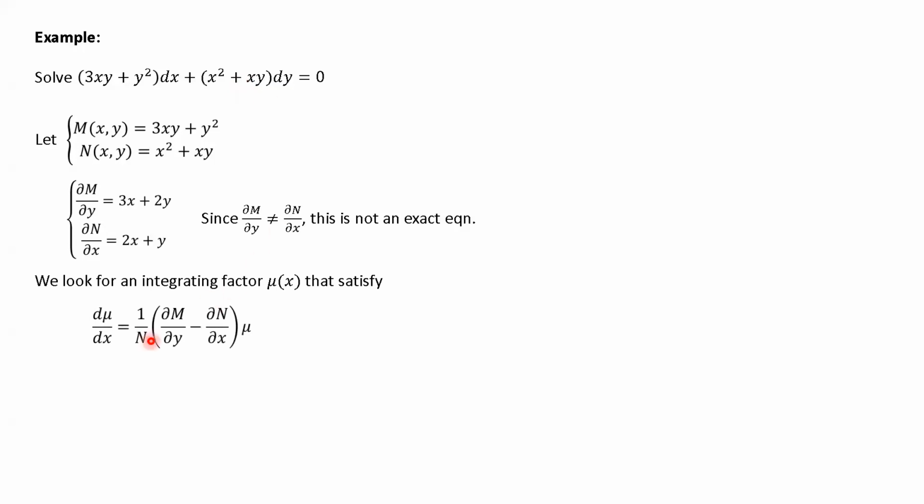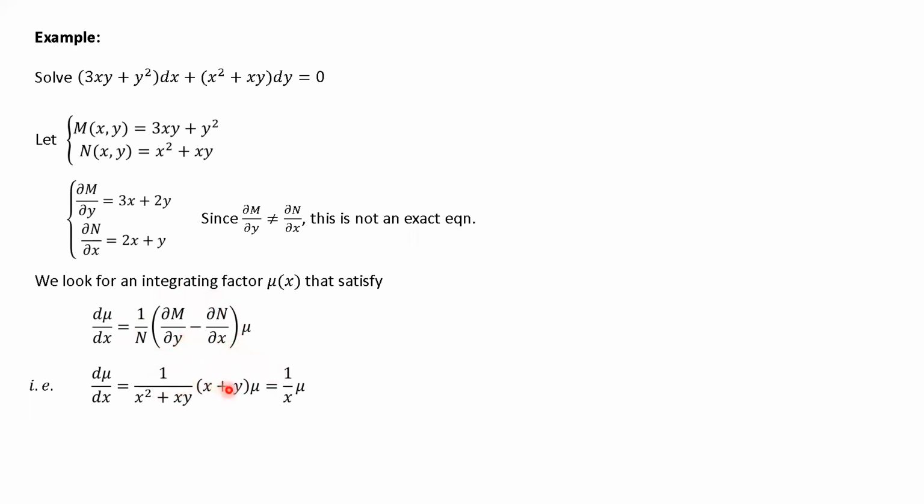So this equation is just what I derived from the last slide. So I hope to find this mu of x that satisfies this differential equation here. Now partial M partial y and partial N partial x have been calculated already. So you put these two terms here, and that's good. This time, you realize that this whole term here is just a function of x.